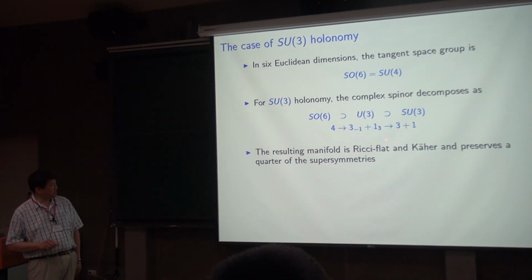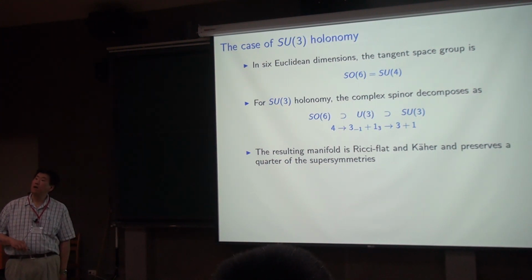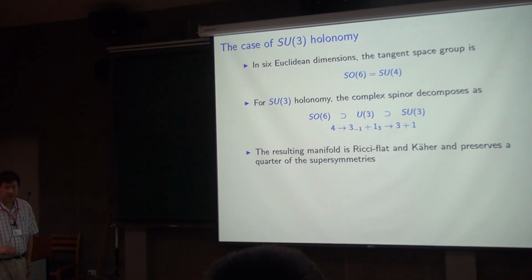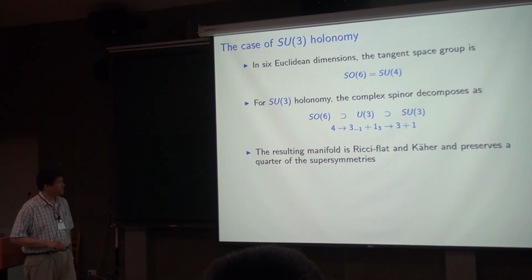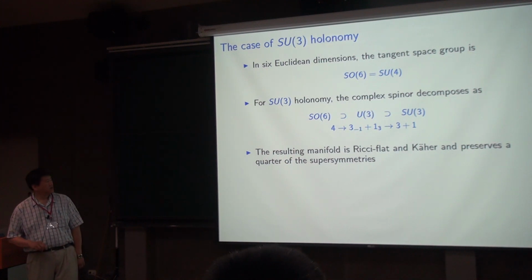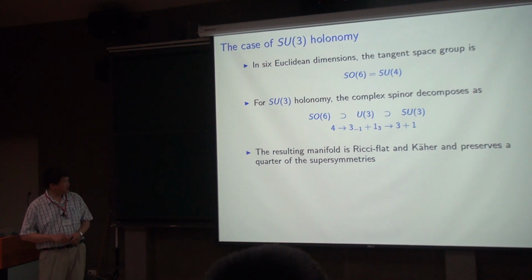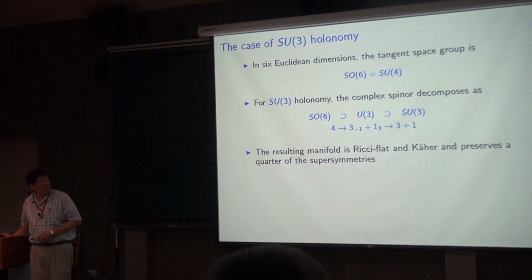So 4 goes to 3 plus 1. There's one singlet out of 4 components. So a Calabi-Yau compactification preserves 1/4 of the original supersymmetries. This is Ricci flat and Kahler, precisely SU(3) holonomy, which preserves 1/4 of the supersymmetries.